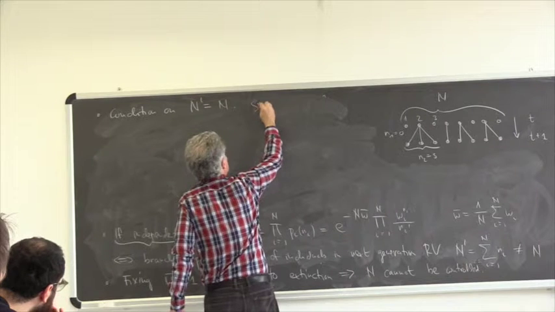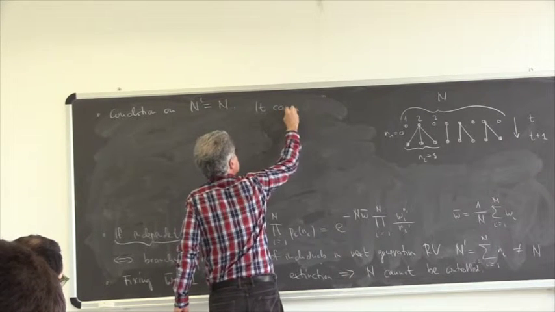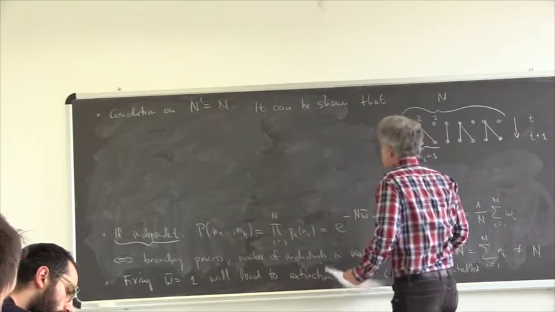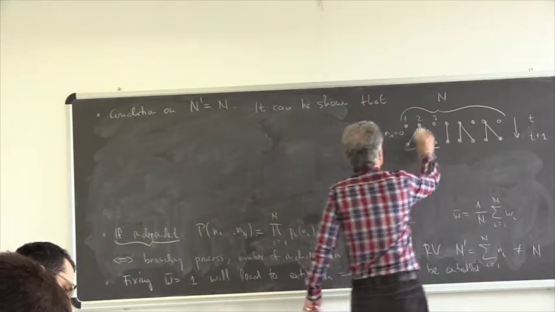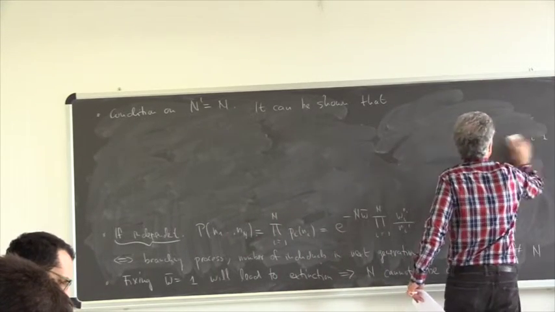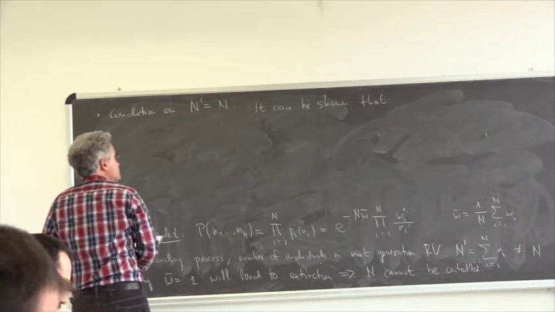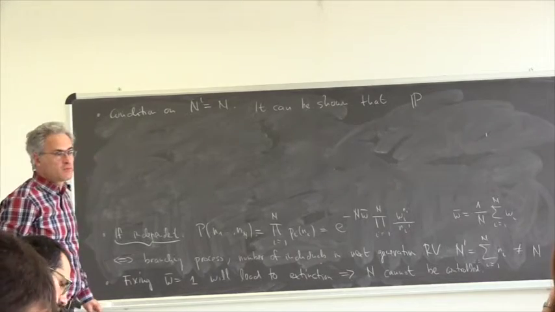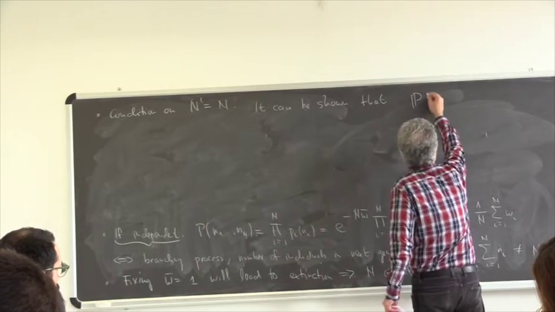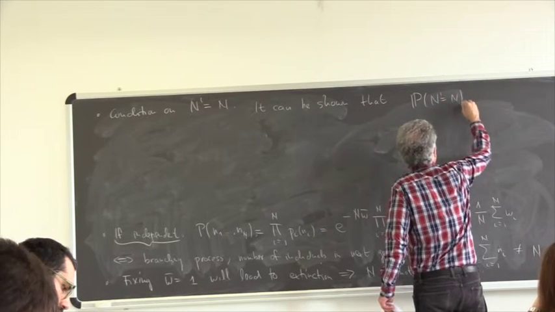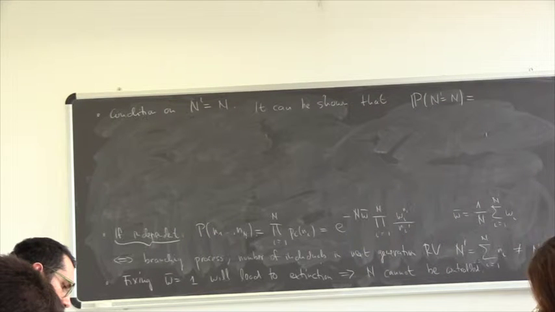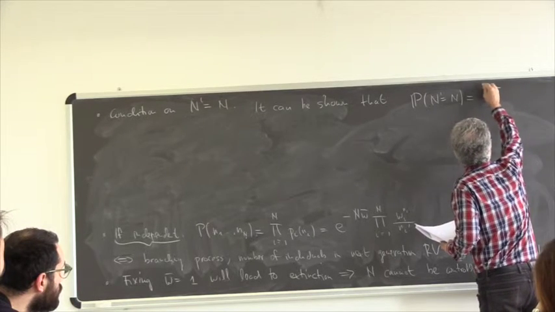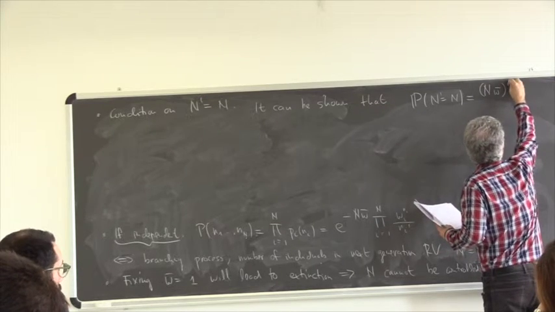It can be shown that the probability, and I always use this notation with a fat P for probability of events, that N prime is equal to N, so that in the next generation the population size is the same, is also given by a kind of Poisson-like expression, which looks like this.